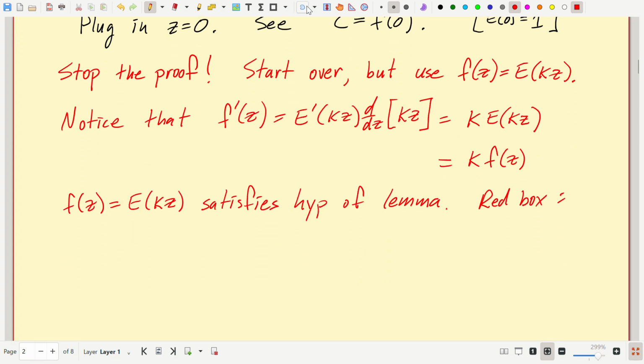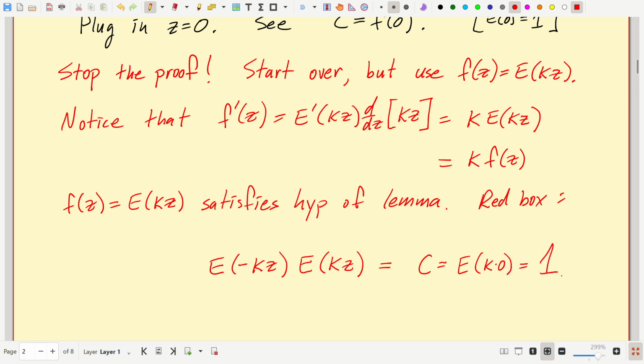This time, I'm taking f to be e to the plus kz, so e to the minus kz times e to the kz is a constant. And that c is equal to e to the k times 0, which equals 1.